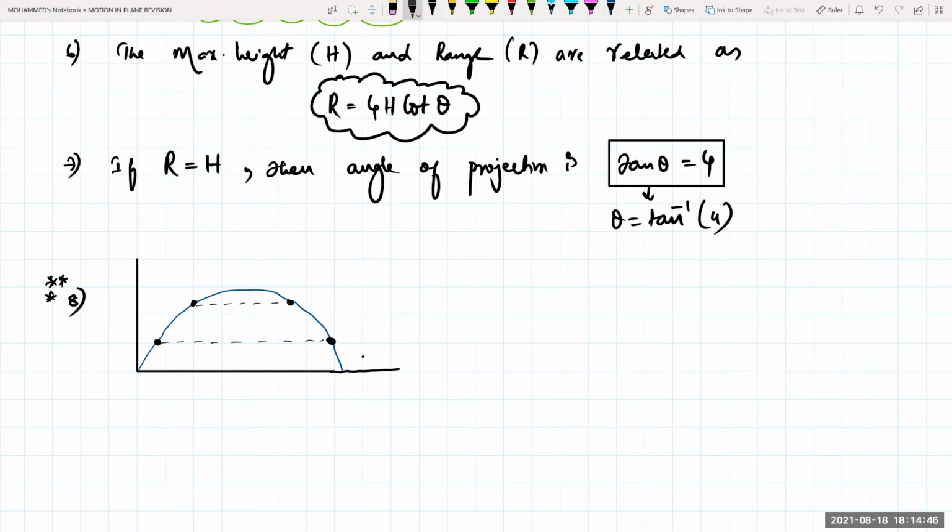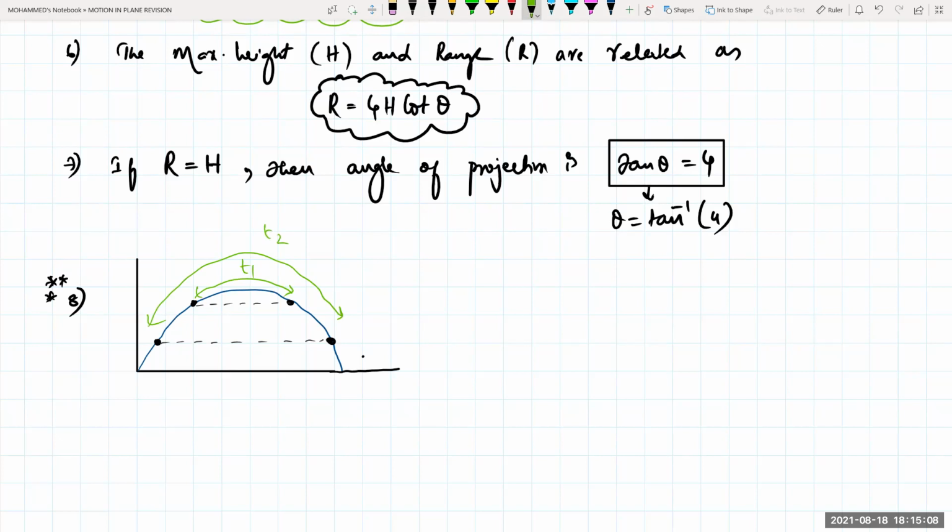Now from here to here, I'm taking the time t1, and from here to here, I'm taking t2. What do you mean by that? When you're projecting it, the particle will be at the same height at two times, isn't it?